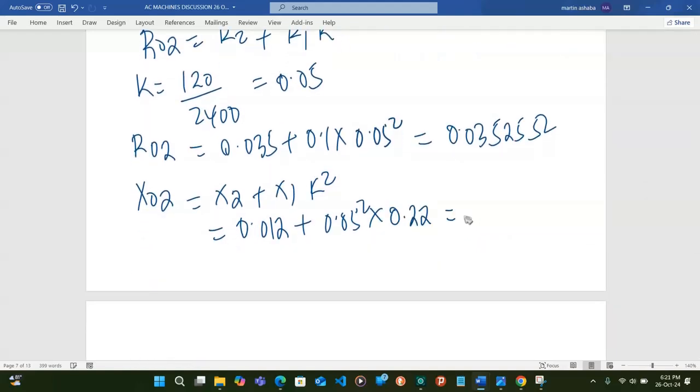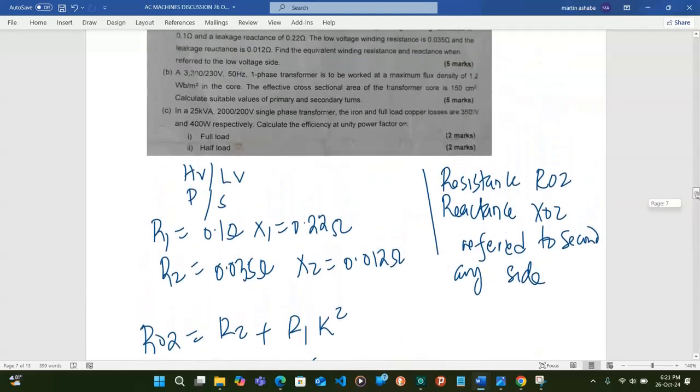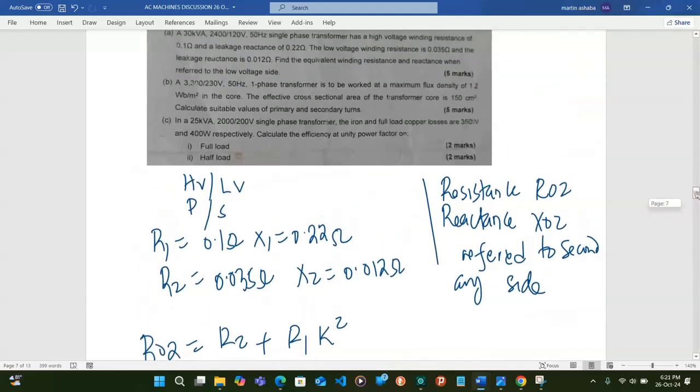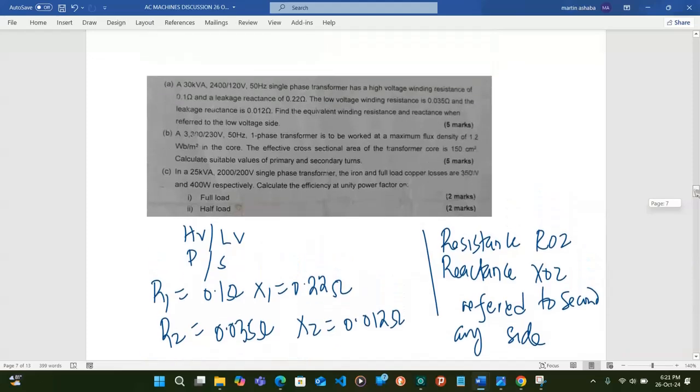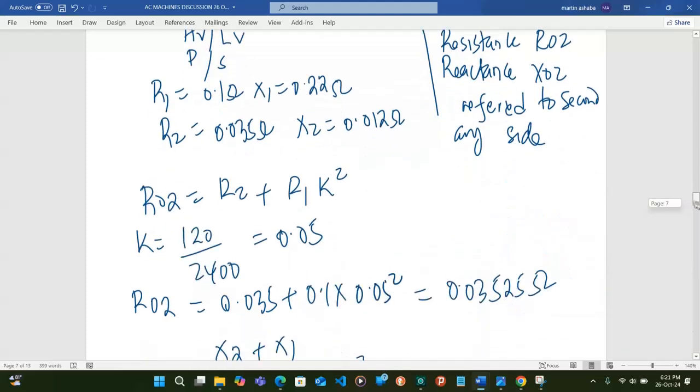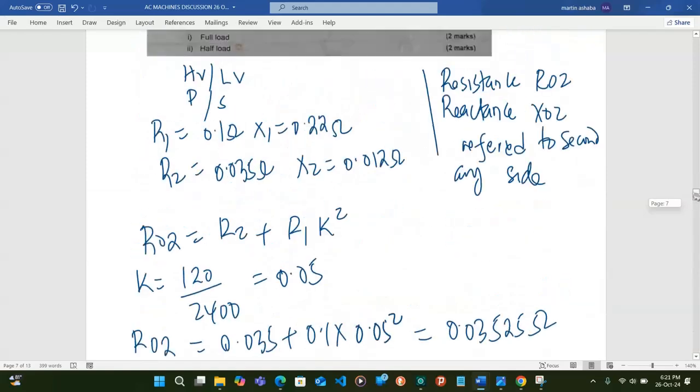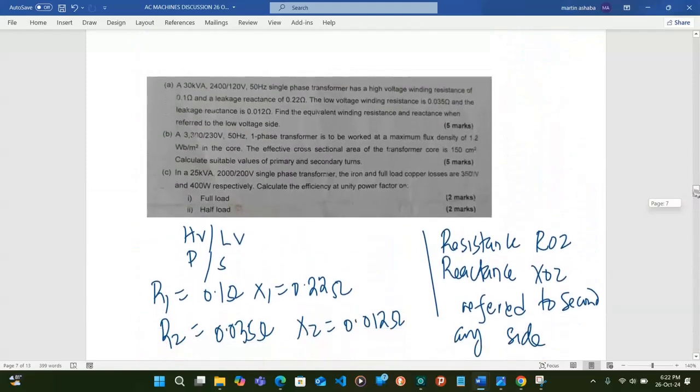So I have 0.05 squared times 0.22 plus 0.012, and this gives us 0.01255 ohms. So the equivalent resistance and reactance when referred to the low voltage side, or the secondary voltage side, are as calculated. So let's go to part B.